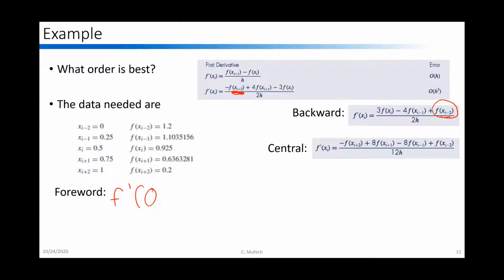So the derivative at x equals 0.5 is going to be negative f of xi plus 2.